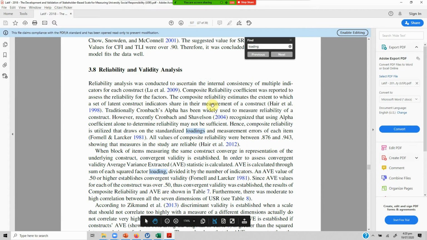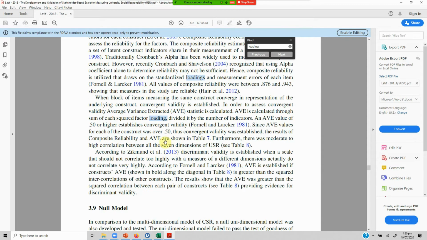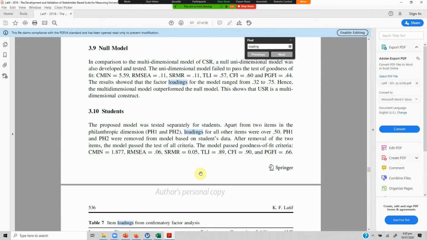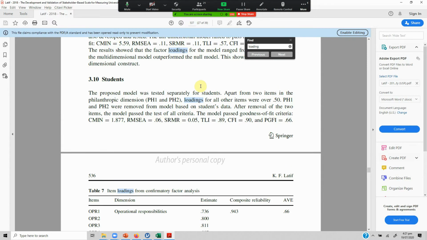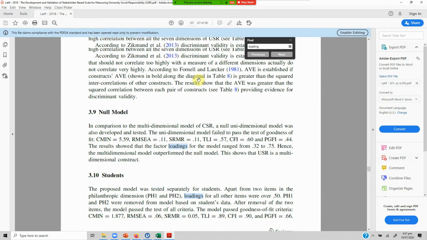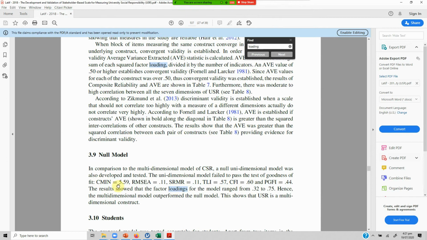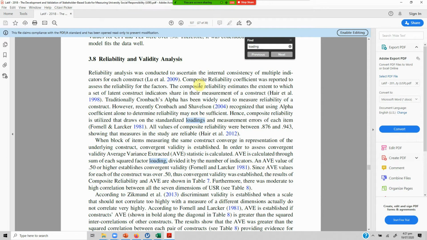Just a paragraph or two: AVE was met, discriminant validity was checked because the square root of AVE for each of the constructs was higher than its correlation with other constructs. And if you've got model fit, just report the model fit as well. So this is how you establish the reliability and validity of the scale. I hope now things will be much clearer regarding scale development.